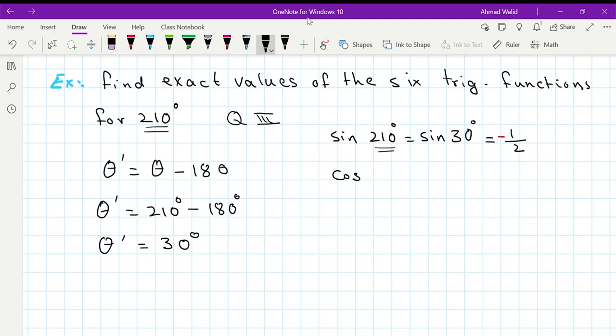Now, cosine of 210 degrees should equal the cosine of 30 degrees with a change of sign if necessary. Cosine of 30 degrees is radical 3 over 2. Again, because 210 is in quadrant 3, x is negative, so this is also negative: negative radical 3 over 2.